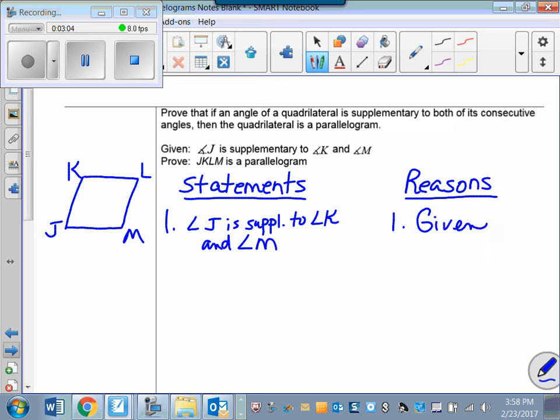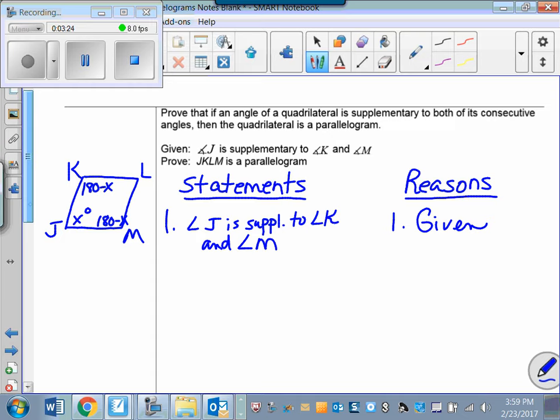Okay, so let's say we call angle J X degrees, then if angle J is supplementary to K, then I know K is 180 minus X degrees, and so is M, 180 minus X degrees.